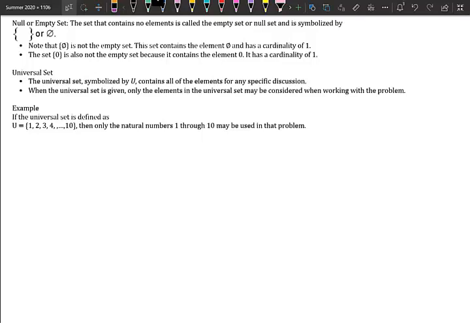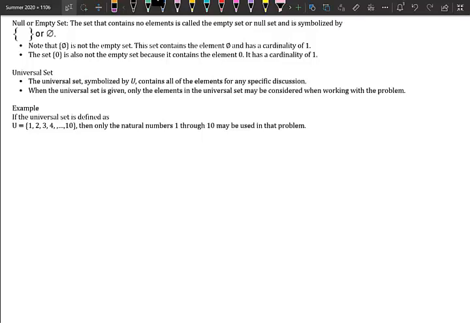Universal set. The universal set, symbolized by U, contains all the elements for any specific discussion. When the universal set is given, only the elements in the universal set may be considered when working with the problem. So if the universal set is defined as 1, 2, 3, 4, 5, 6, 7, 8, 9, 10, then only the natural numbers 1 through 10 may be used in that problem.